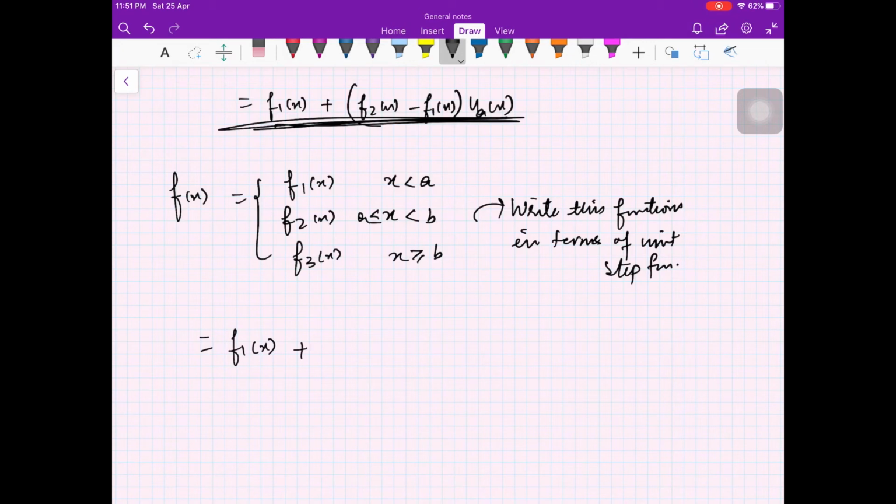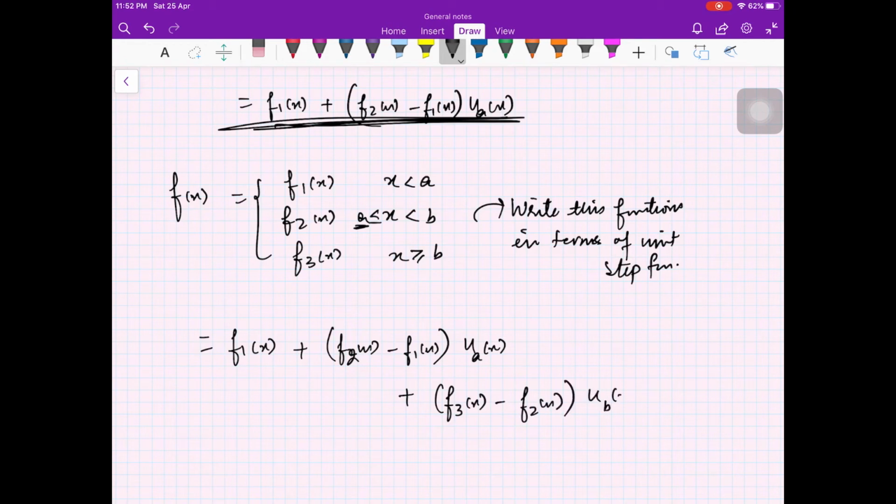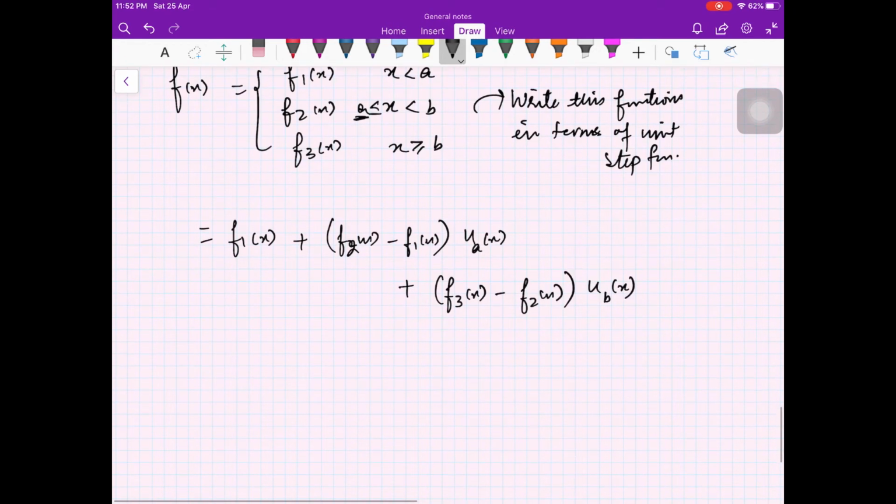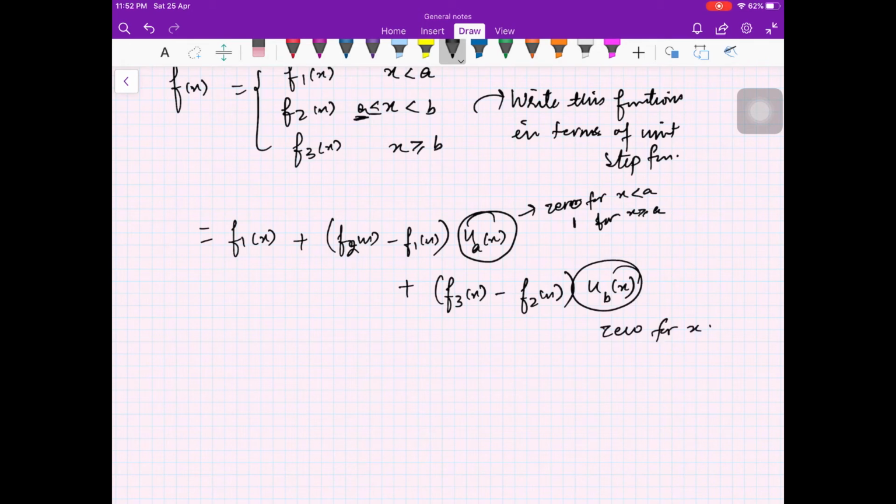So you see, I can write it as this: f1(x) plus [f2(x) minus f1(x)] into this point of discontinuity, that is u_a(x), plus [f3(x) minus f2(x)] into u_b(x), right? So now you see, this is 0 for x less than a and 1 for x greater than or equal to a, and this is 0 for x less than b and 1 for x greater than or equal to b. So what will happen if you expand it?